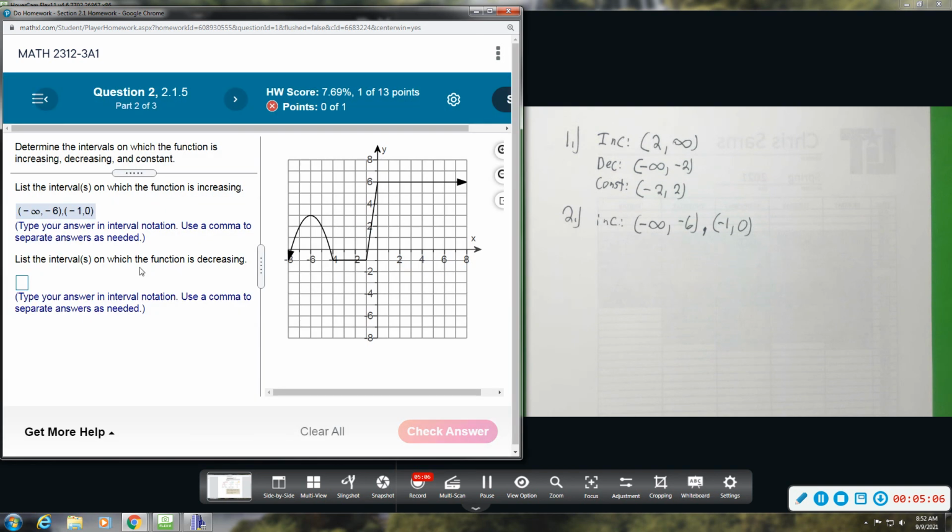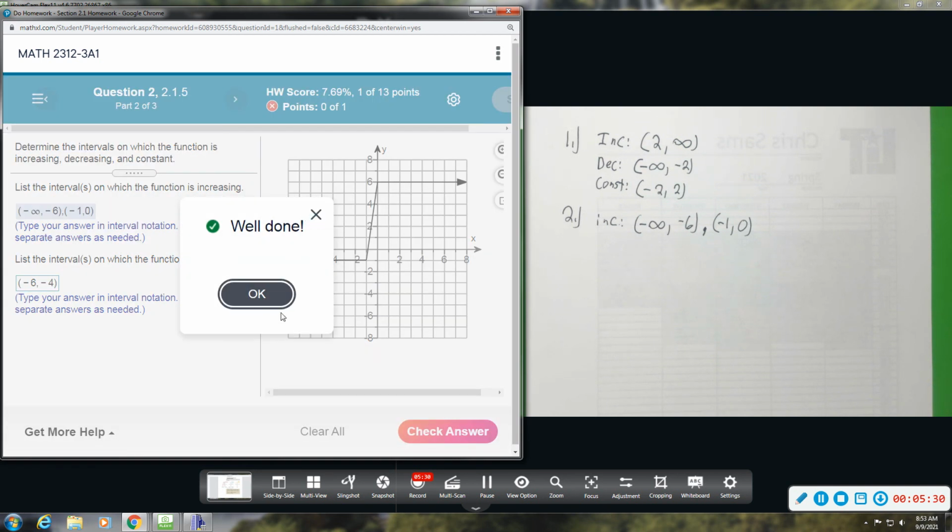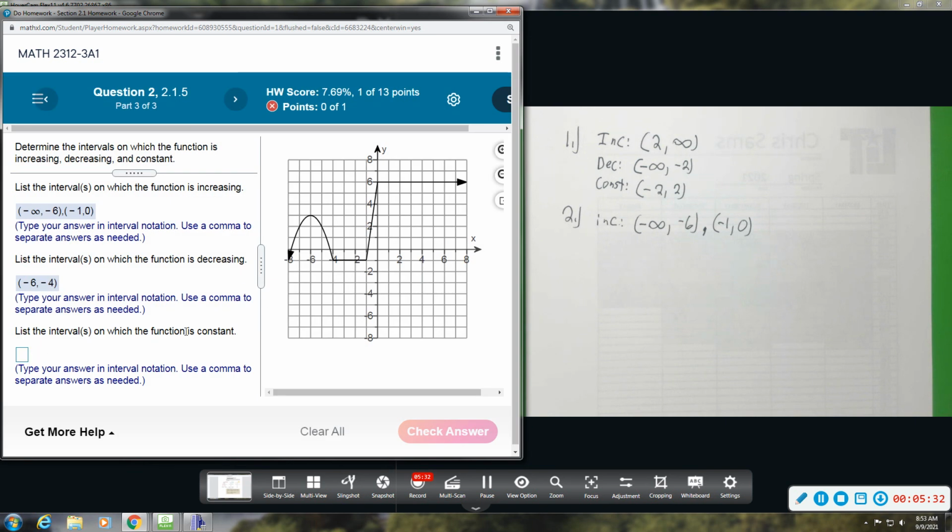All right, now we want decreasing. So where is it going down? So left to right, it's going down here, and then that's it. So from -6 until we get to -4. So I'm going to write decreasing from -6 to -4. Restricting my vision to the x-axis. And then constant, where it's flat across.